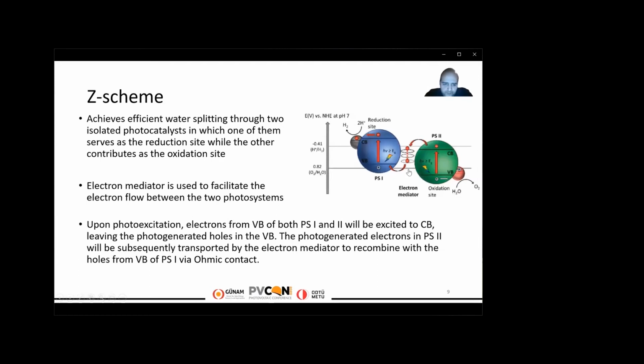So upon photoexcitation, electrons from the valence band of both photosystems will be excited to the conduction bands, leaving holes in the valence bands. Then the photogenerated electrons in photosystem 2 will subsequently be transported to the electron mediator to recombine with the holes from the valence band of photosystem 1 via ohmic contact.